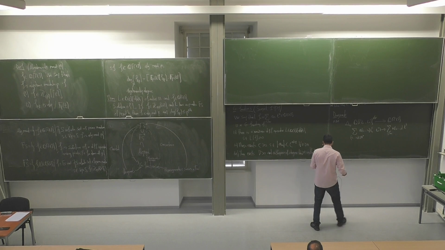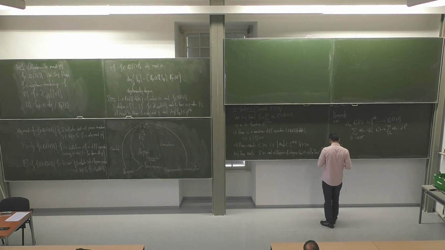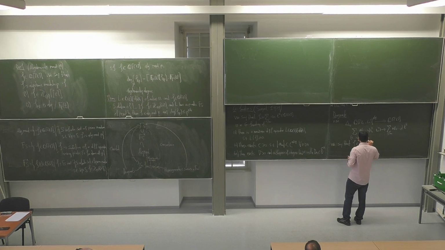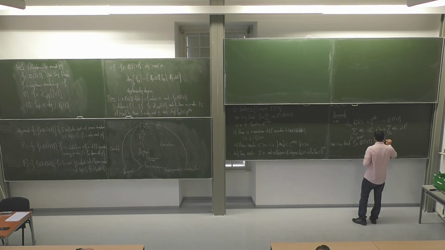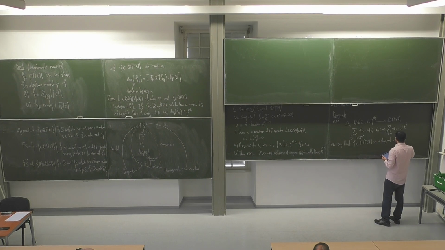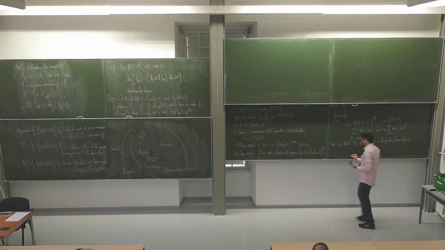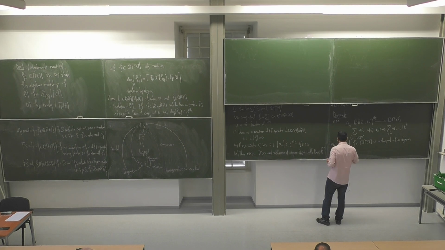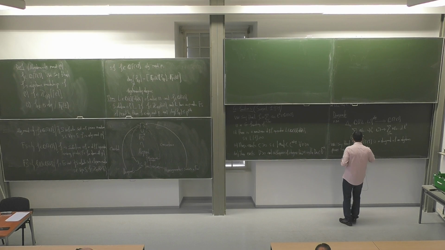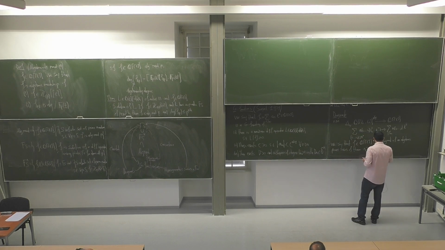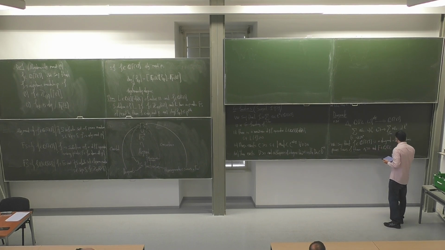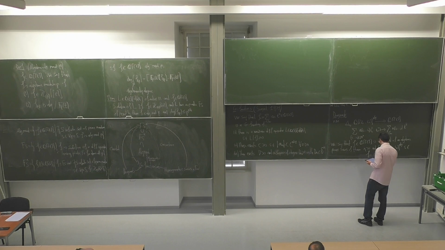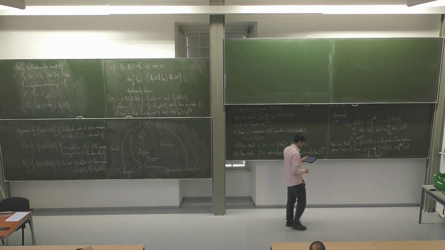So we say that a power series f is a diagonal of an algebraic power series if there are an integer n bigger than 0 and an algebraic power series F in this ring, so that f is equal to the diagonalization of F. Okay?